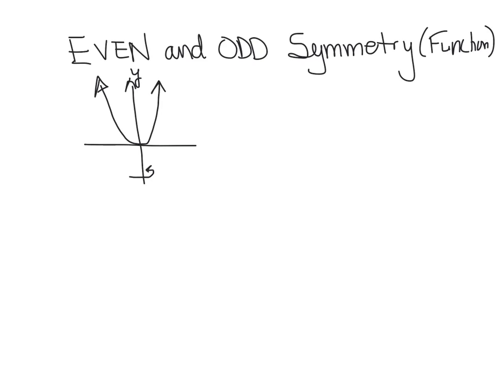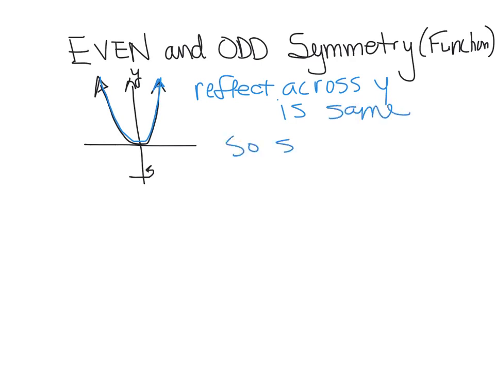When I do that, I get a new picture that looks identical to the old one, right? So I did that reflection across the y, and I got the same thing. So that is symmetric across the y, and we call that even symmetry.